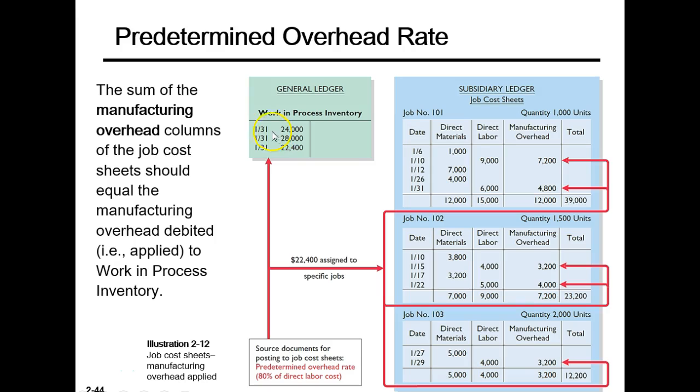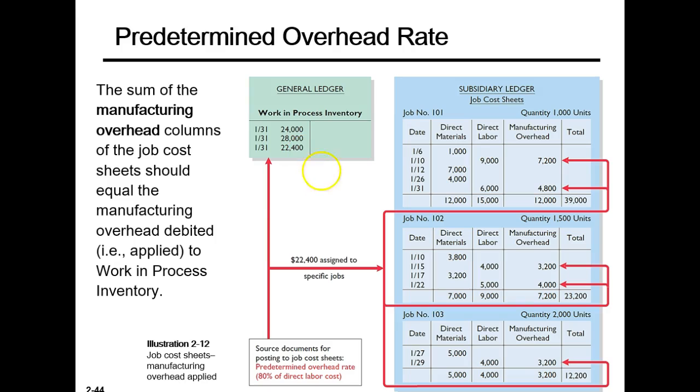So as you see here, we are coming up with this predetermined overhead rate. And it's the best we know because to get this information accurate is going to take too long. We want to provide the managers with timely information. So that's why we're estimating this cost.